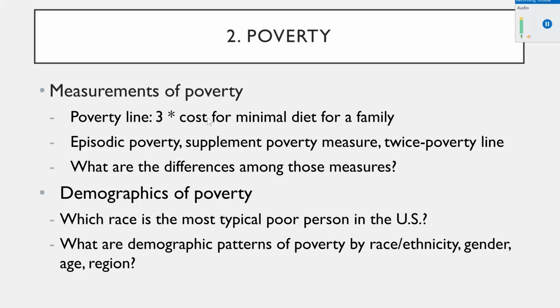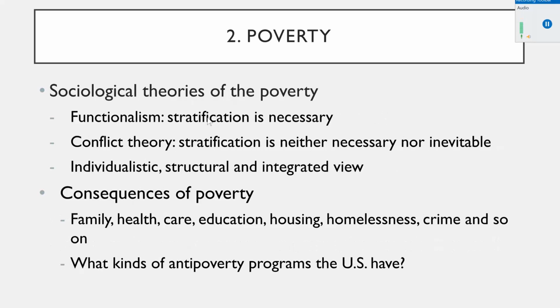In terms of age, the elderly may have better social support. And by region, certain residents are more likely to be poor compared with other parts like east, west, or north.